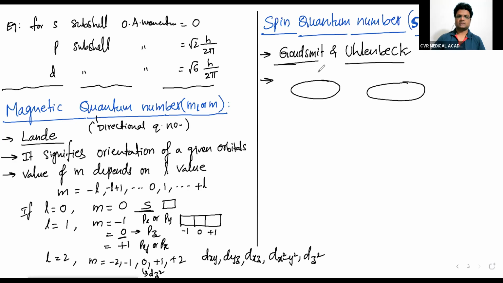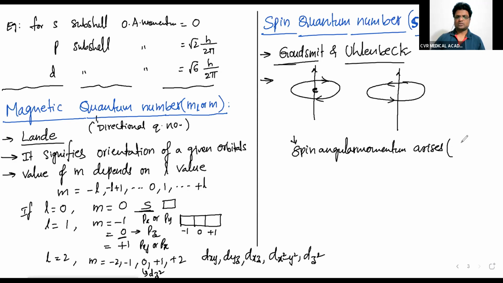It's spinning like this. Because of the revolution of an electron, a charged particle, along its own axis, spin angular momentum arises.